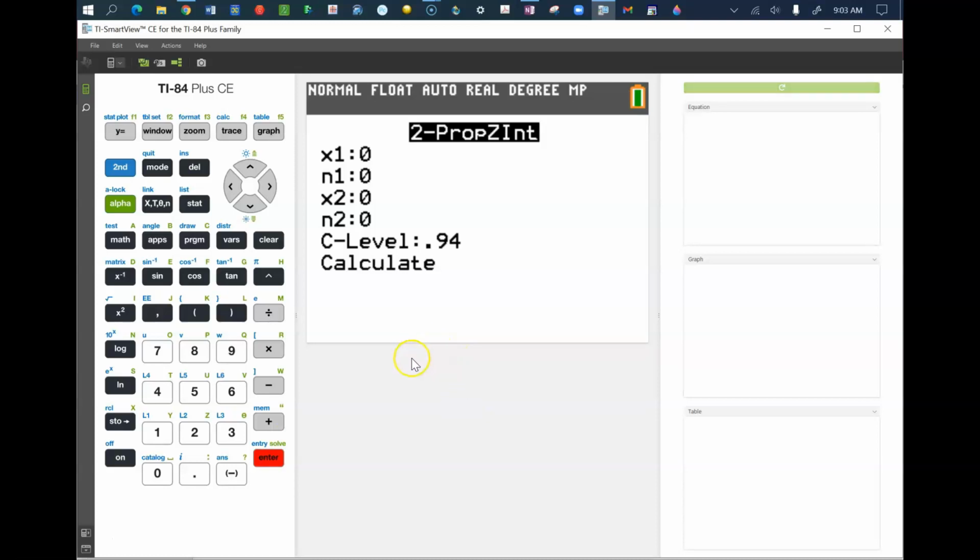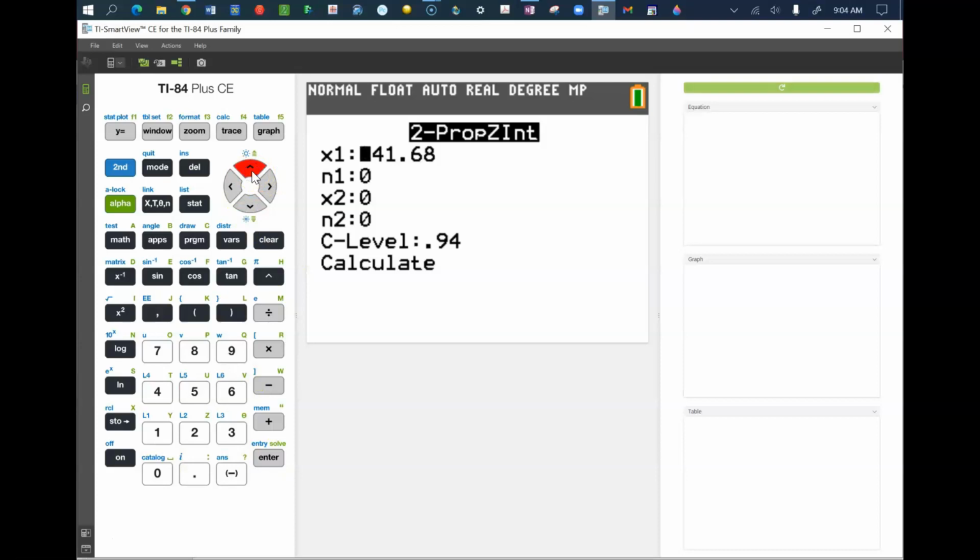In this example, we were not given that number. What we were given is that 28% of men thought that men were generally more intelligent, and 13% of women agreed with that. So we have to take 0.28 times our sample size for men, which was 506, and we do not get a whole number.